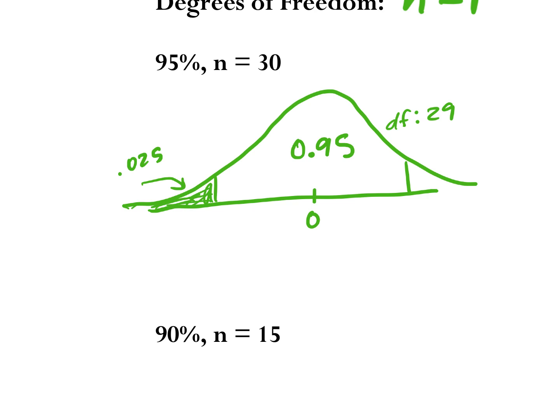Pick inverse T instead. Now you notice that it asks you for the area. It doesn't give you that left, center, right option anymore. So you have to give it the left-hand area. Center won't be an option anymore. But you should get like negative 2.04. What do you mean by the left-hand area? Do you just mean 0.025?